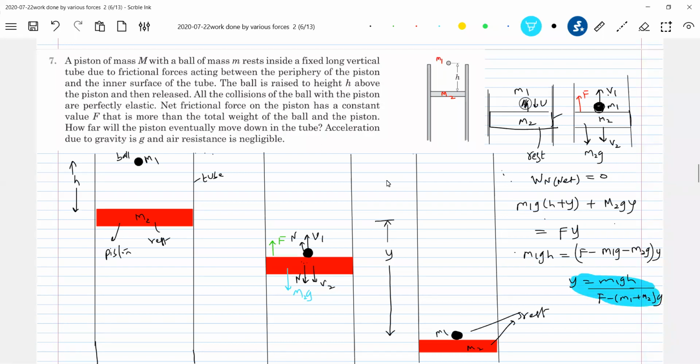Actually, most students will go for the mathematical way here, but looking at the problem, there is no need for that. It is finally asking at what distance.